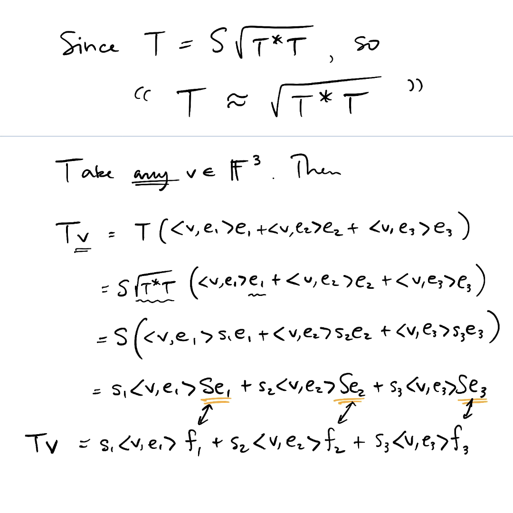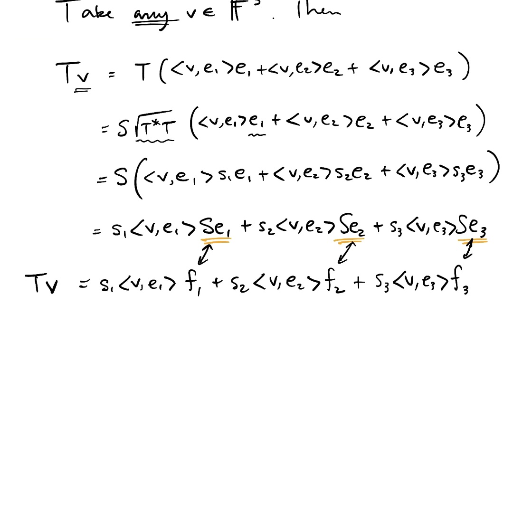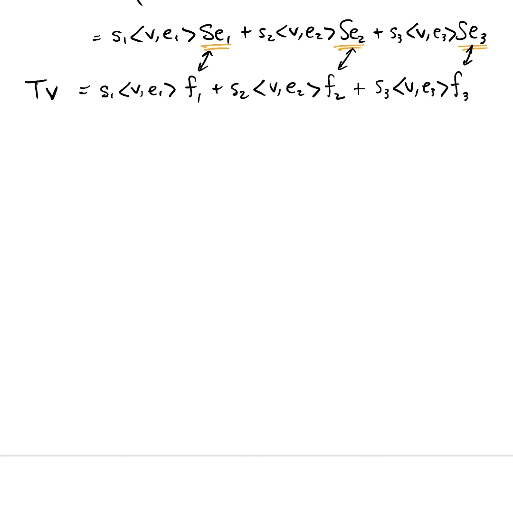And then there's this new one, S E1, S E2, S E3, which is the actual vectors whose linear combination makes T acting on V. If you prefer the matrix notation version of things, I think this is really telling.